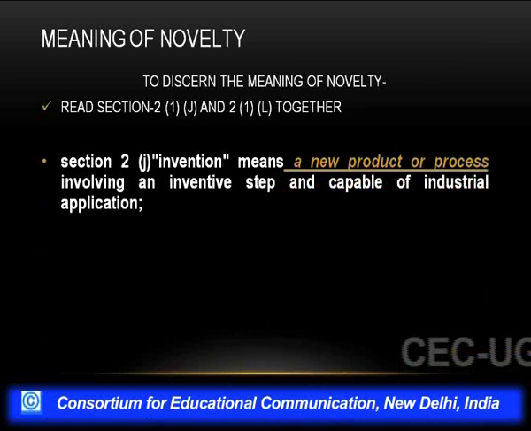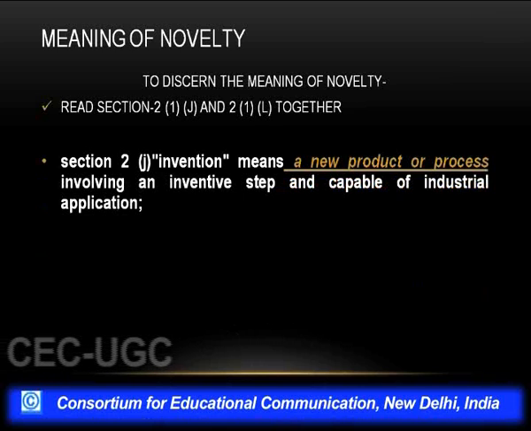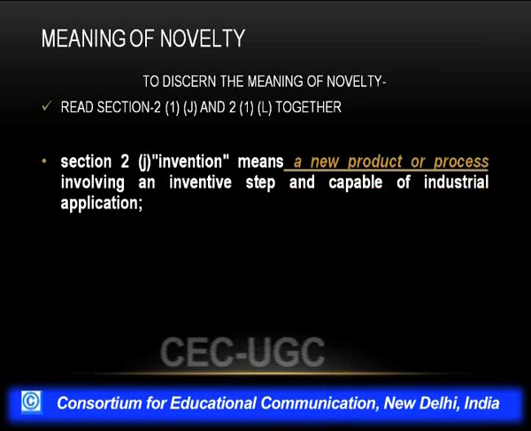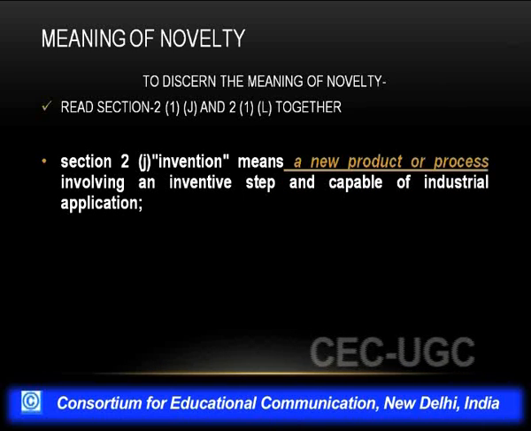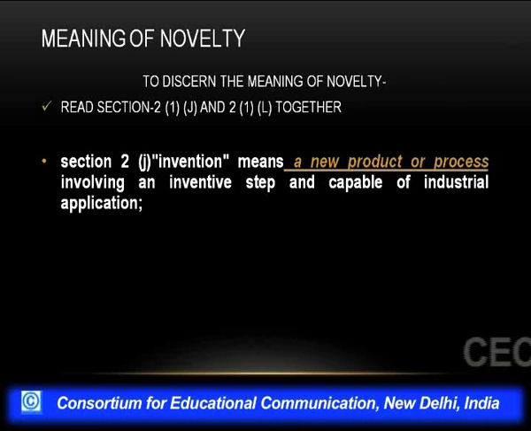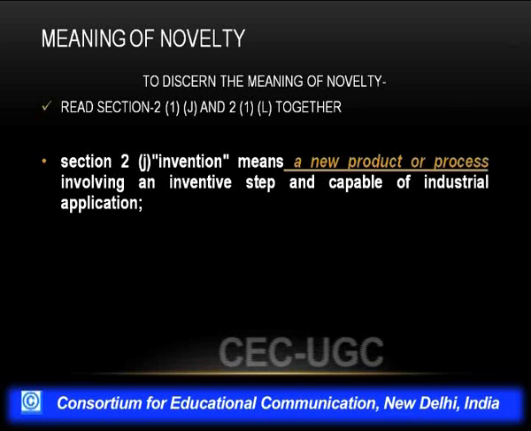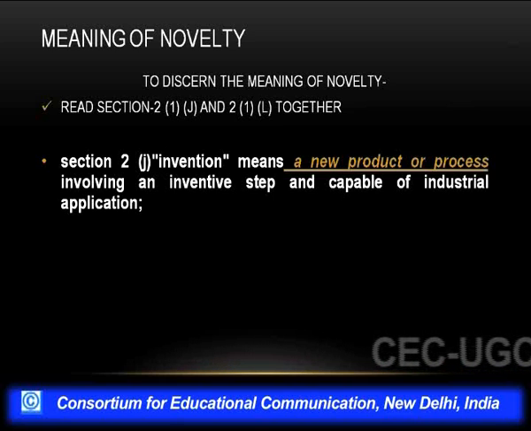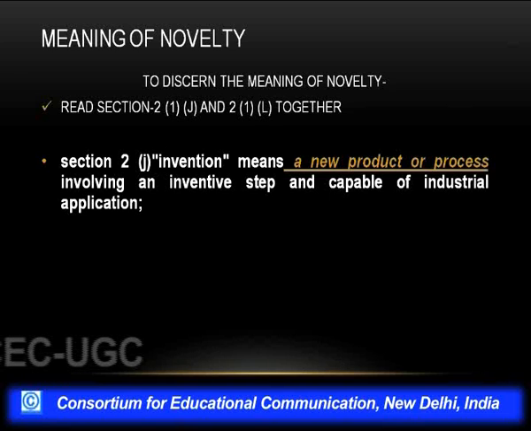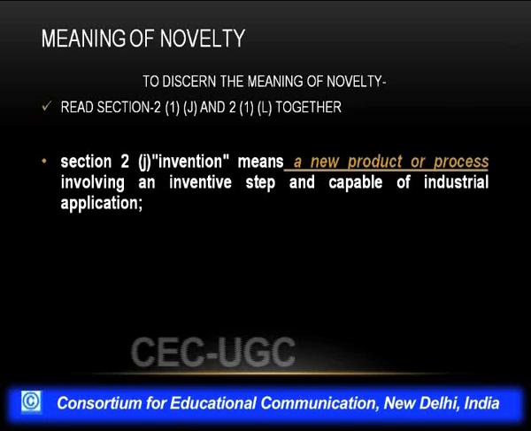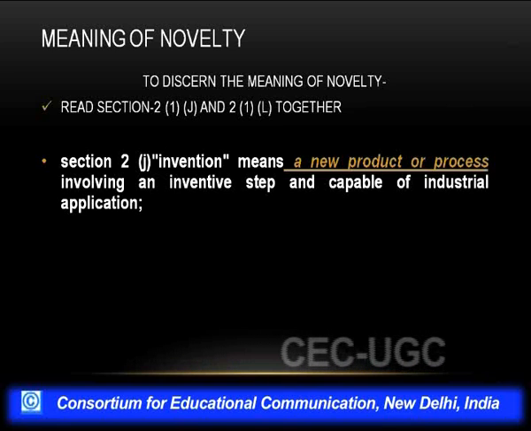Section 2(1)(j) reads, invention means a new product or process involving an inventive step and capable of industrial application. We have previously on many occasions discussed this particular definition of the word invention given under the Patents Act 1970, which reads that invention means a new product or process involving an inventive step and capable of industrial application.